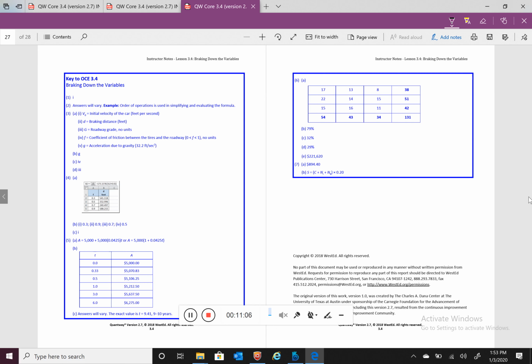And then prepare the OCE. Remember, OCE stands for out of class exercises. And you want to check the answers. And if you do see something that either you don't understand or you disagree with, please make sure you let someone from the team know.